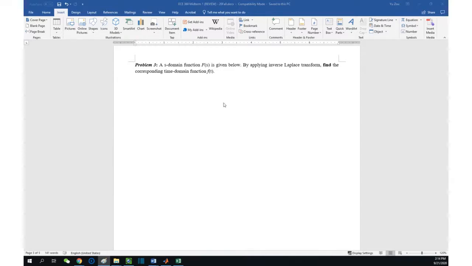What is this problem about? Partial fraction. It's really nothing but partial fraction. We have an example of that as well.